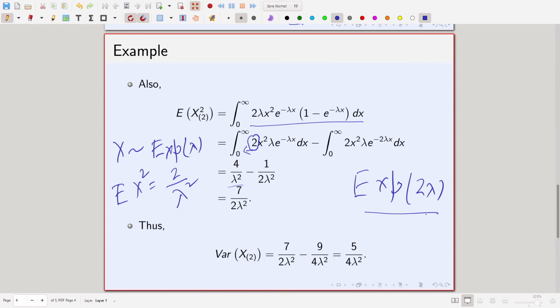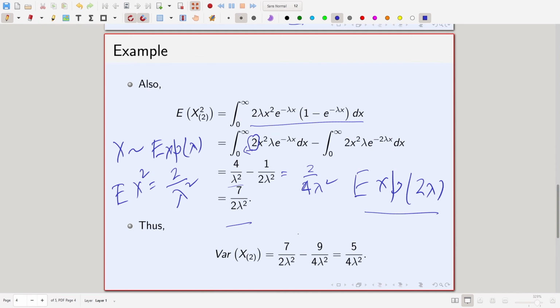So this is basically 2 over 4 lambda square, because it will be 2 over the parameter square. Here the parameter is 2 lambda, so we get 1 by 2 lambda square. Now if you do this, you get 7 by 2 lambda square.